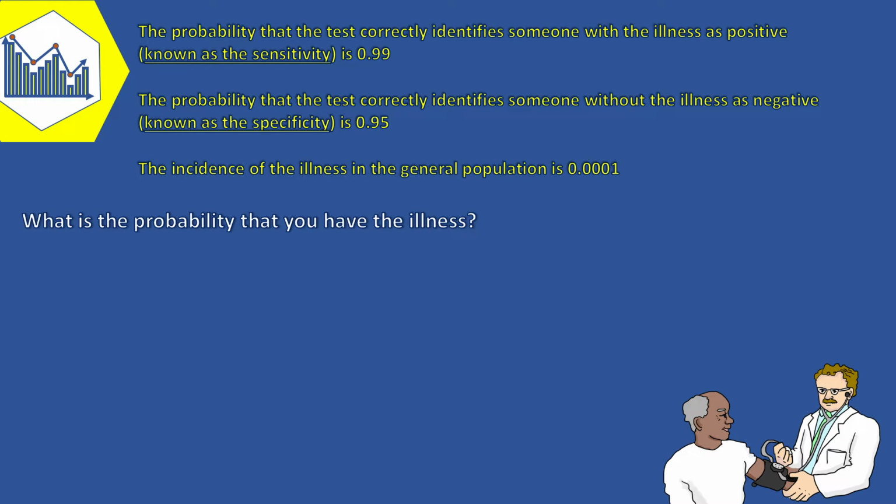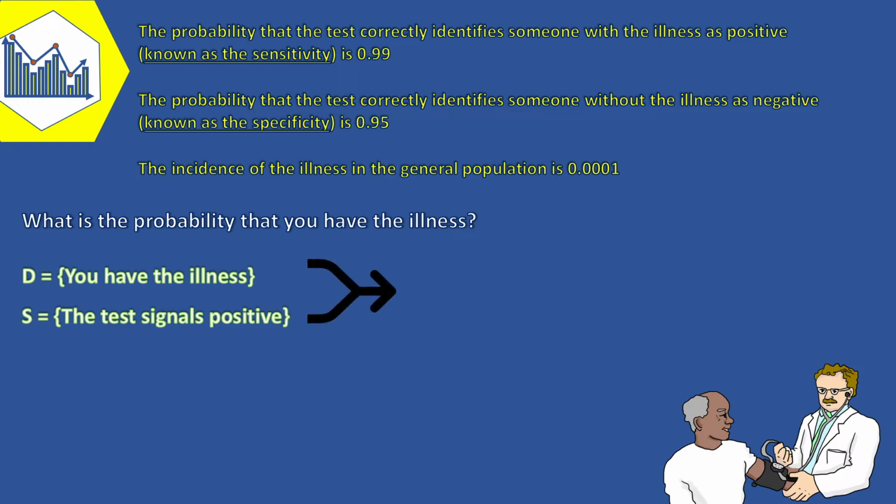Let D denote the event that you have the illness, and let S denote the event the test signals positive. The probability requested can be denoted as this. The probability that the test correctly signals someone without the illness as negative is 0.95. Consequently, the probability of a positive test without the illness is the probability of S given D prime, that is equal to 0.05.